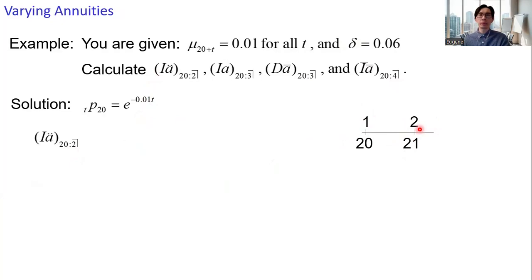From first principles, we get the actuarial present value of each of these two payments and then sum them up. So we get this expression. And then upon calculation, we get the answer.